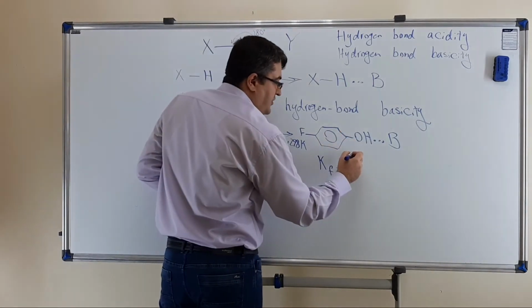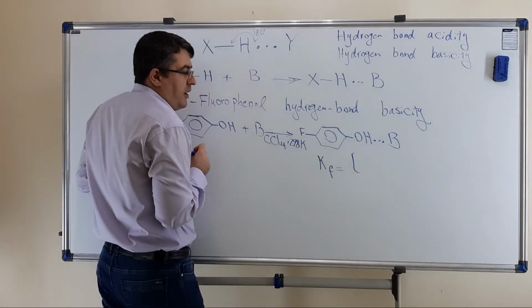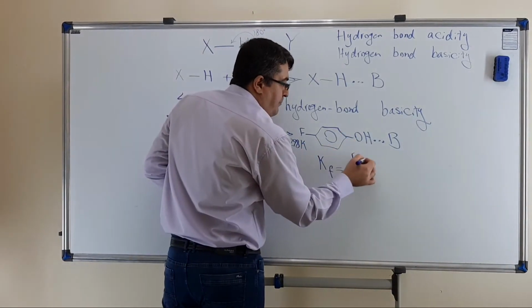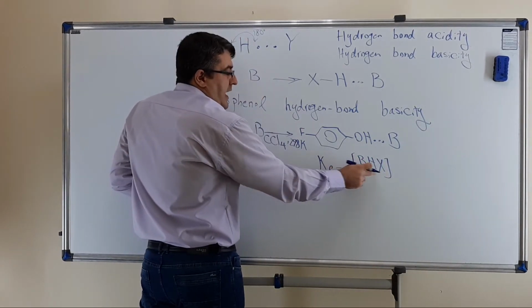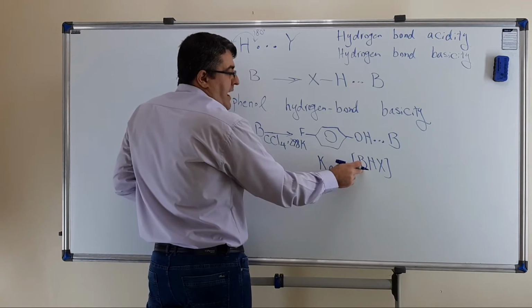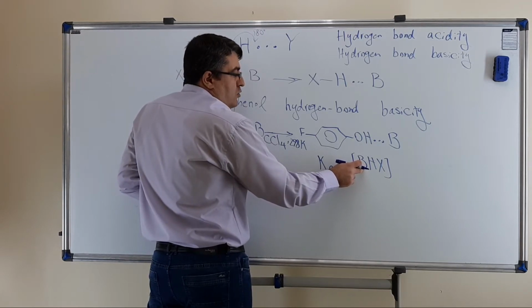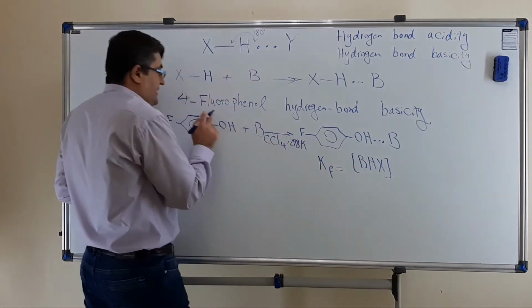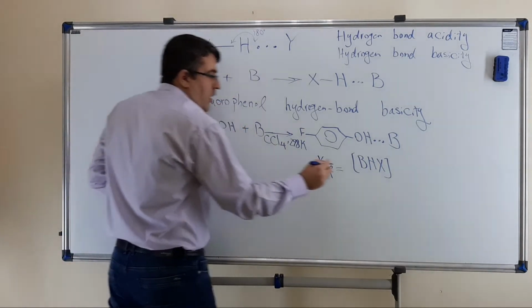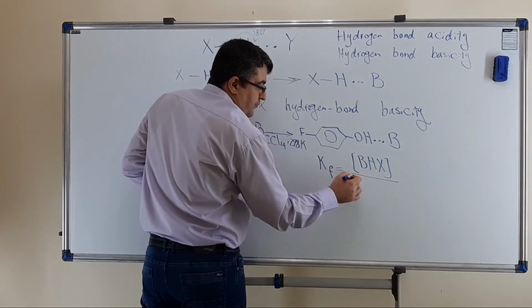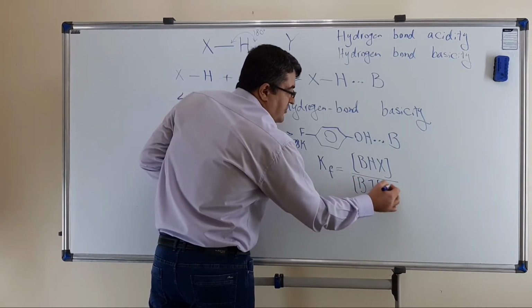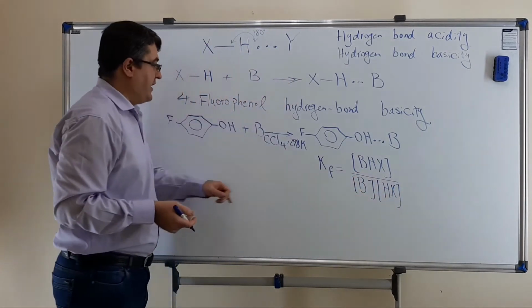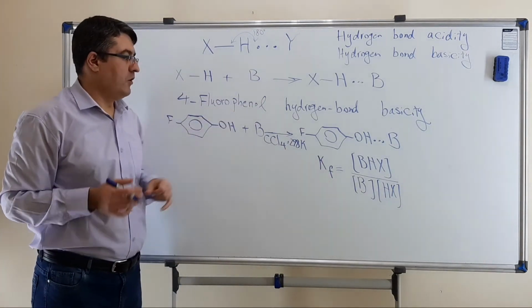The concentration of this complex we represent as BHX, where BHX shows the basicity of B towards HX, where HX is 4-fluorophenol, over the concentration of B times the concentration of HX, where HX is 4-fluorophenol.